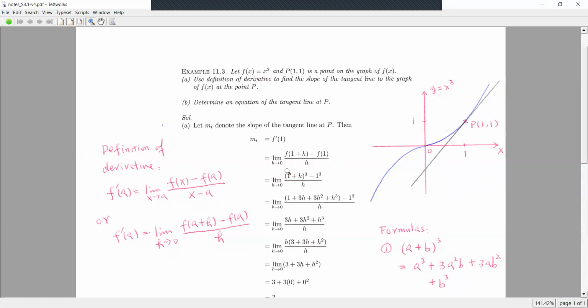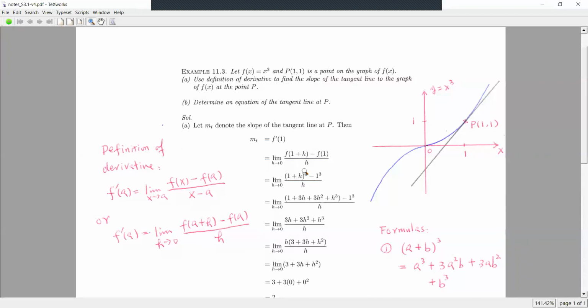To find this limit, direct substitution, plug in 0 for h, but then we will have 0 over 0. We cannot tell the limit. To tell the limit, we need to simplify this fraction. How to simplify the fraction?